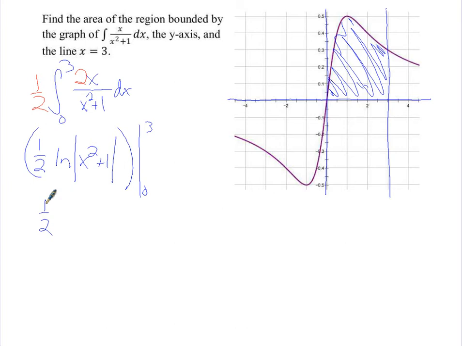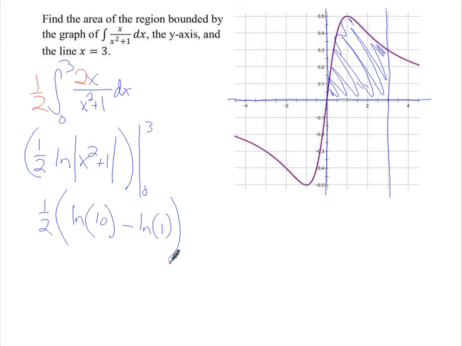Doesn't make any difference. So 1/2 times what? Natural log of 3 squared, which is 9, plus 1, minus natural log of 1.